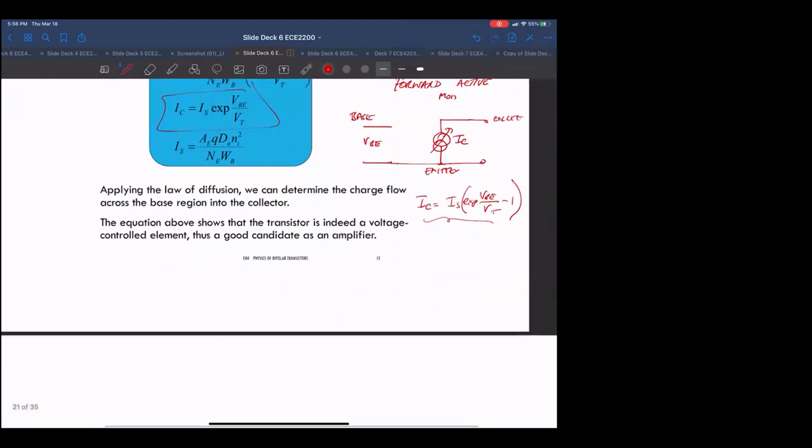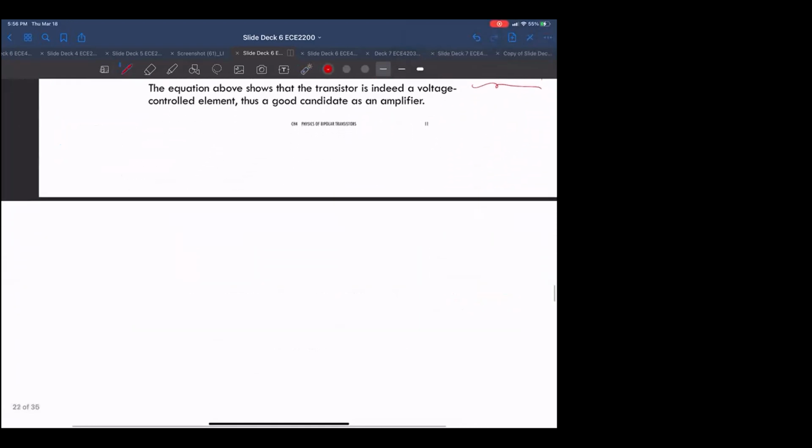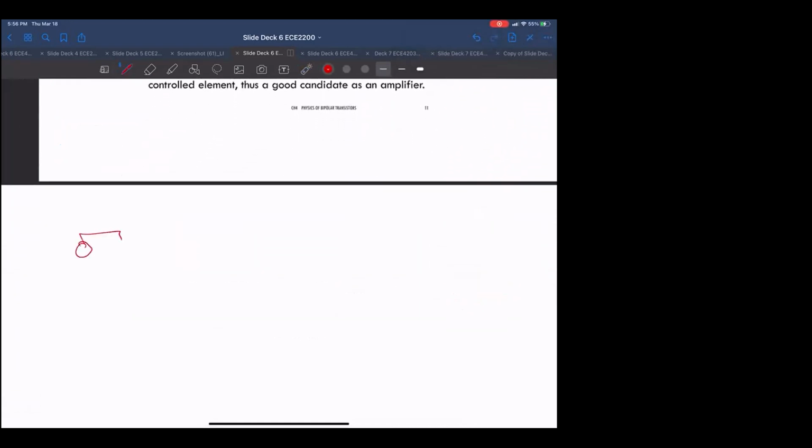So if you had a diode connected like this, the diode current in forward bias would be I sub S exponential of VD over VT. Whoops, I always put this parenthesis in the wrong place.